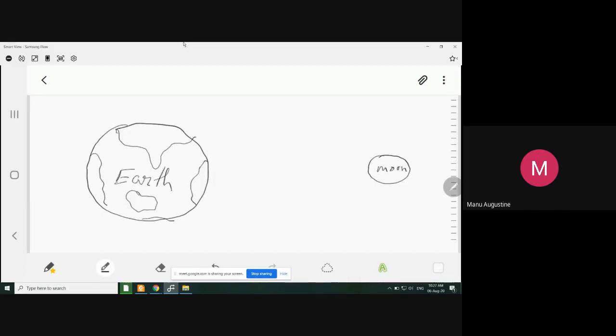Now assume a condition that a very large asteroid, जानते हो ना, उल्का पिंड जिसको कहते हैं, the asteroid is passing through the space between Earth and Moon. So let me take a very big asteroid. Now this asteroid is so big that it is bigger than the Moon but smaller than the Earth. Just assume it for the sake of explanation.